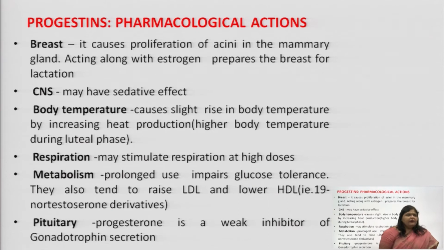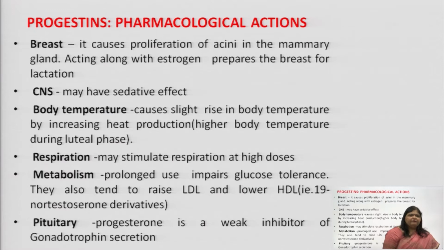Then it also acts on various other tissues, like the breast, where it causes the proliferation of acini in the mammary gland. It acts along with the estrogen and prepares the breast for lactation after the birth of a baby.